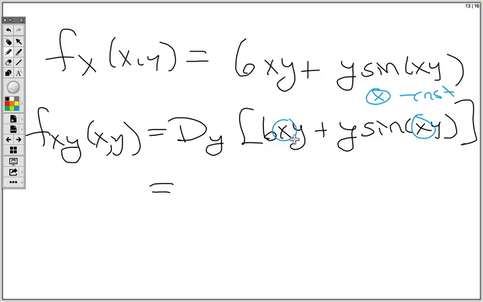Okay? So what's going to be the derivative of 6xy with respect to y? What's that term going to work out to be? 6x, because the derivative of y is 1. This is just considered a constant. What rule am I going to have to use to take the derivative of this term?